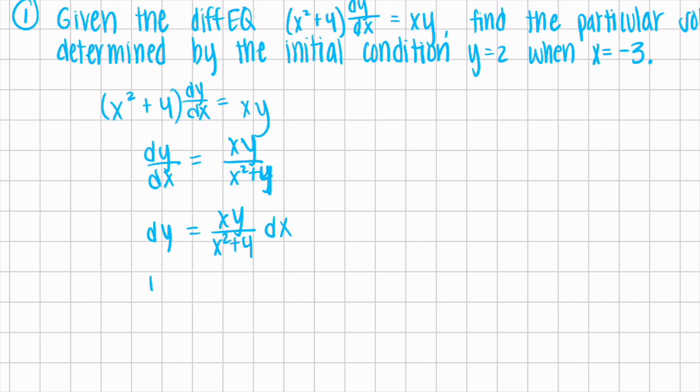And I'm going to divide by y on both sides. Once you have separated the variables, notice that I have all my y's on the left side and all my x's on the right side. Once you have done that, we are going to integrate both sides.